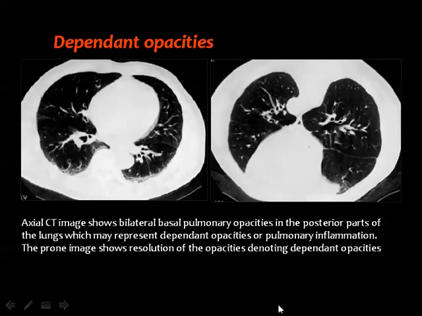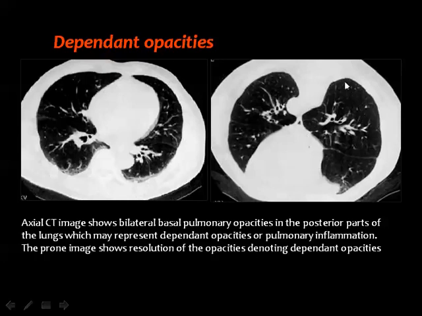Sometimes, especially in old age, whenever you scan a patient in the supine position and you get these opacities, these are just secretions that have settled down while the patient is in the supine position. In order not to misinterpret these as opacities or interstitial lung disease, sometimes you may want to put the patient in the prone position and scan once more.